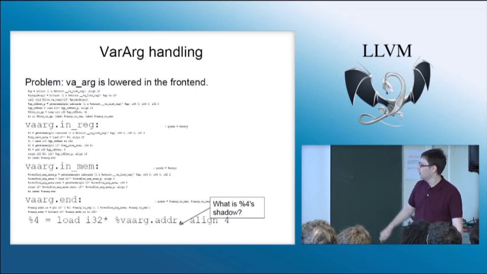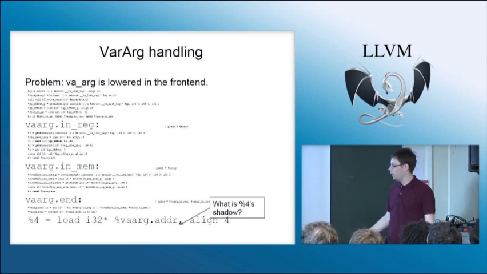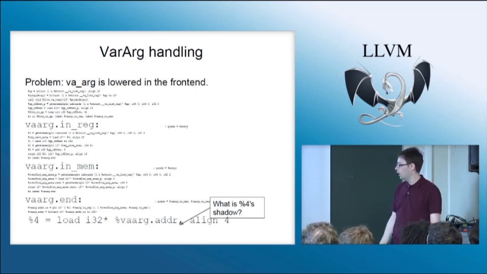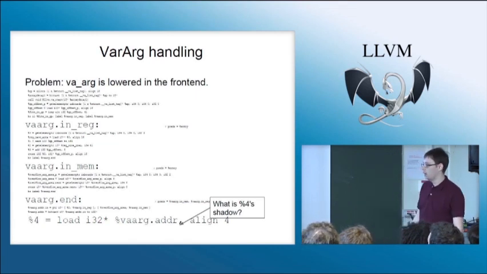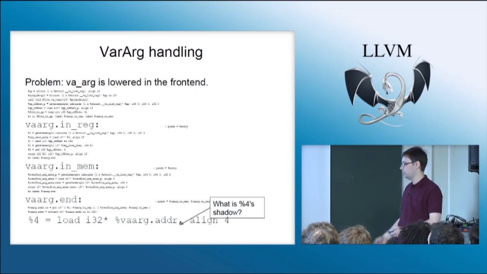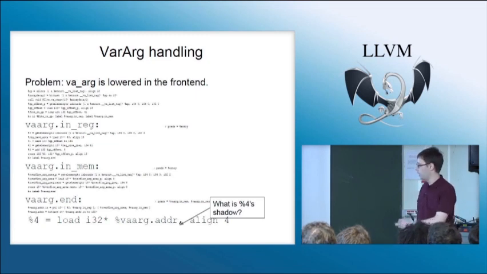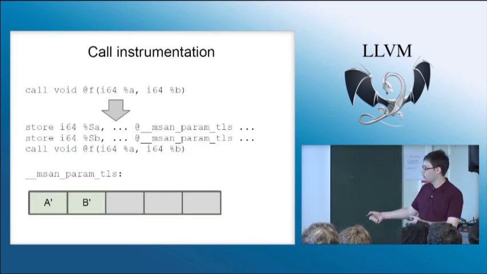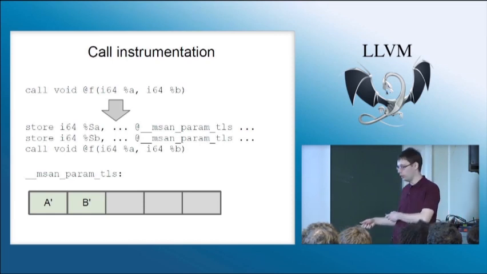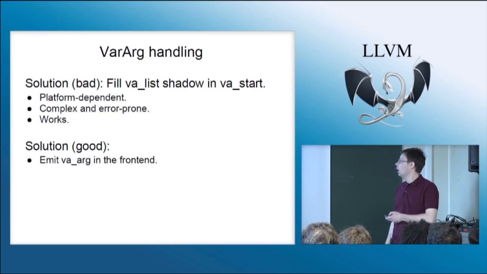There is actually this huge piece of code, and somewhere near the end of it, the actual argument value appears. MemorySanitizer has a very hard time figuring out what the shadow of this argument is, because we only know shadows of the arguments as they appear on the call instruction.